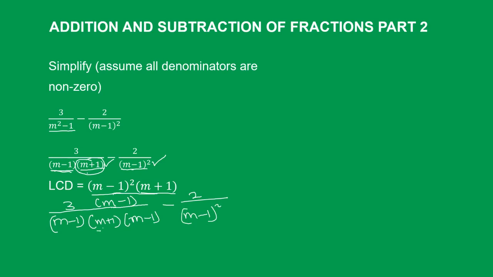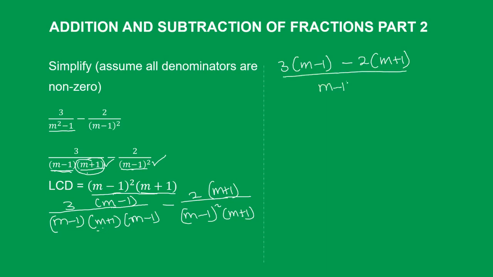So we need m plus 1, so we multiply the denominator by m plus 1, and then also the numerator by m plus 1. So what we have after that, we have 3 times m minus 1, minus 2 times m plus 1, all this over m minus 1 squared times m plus 1.